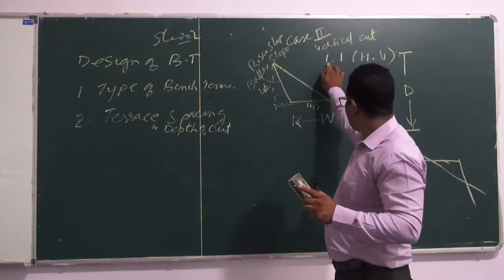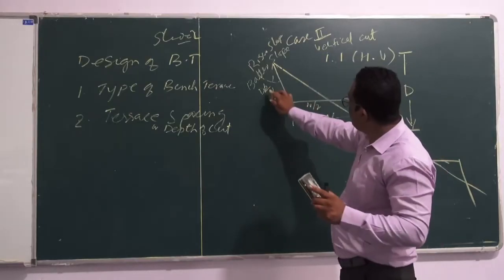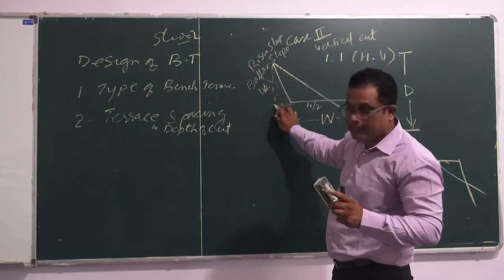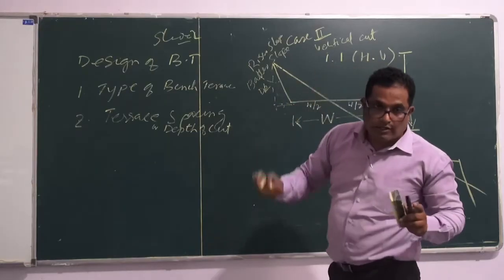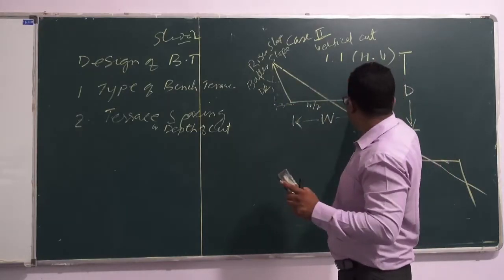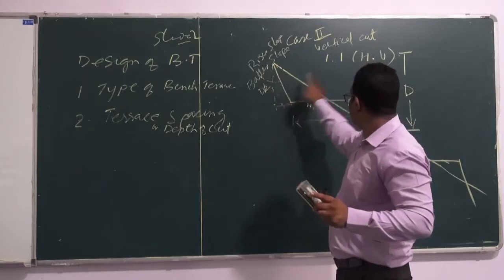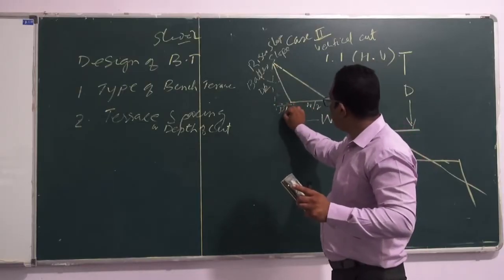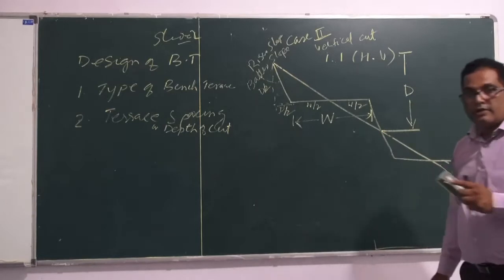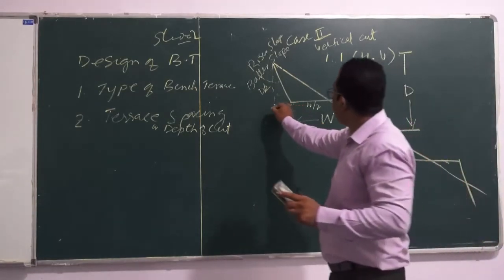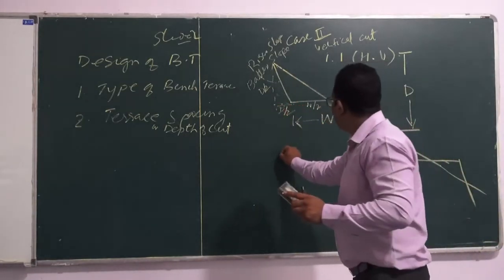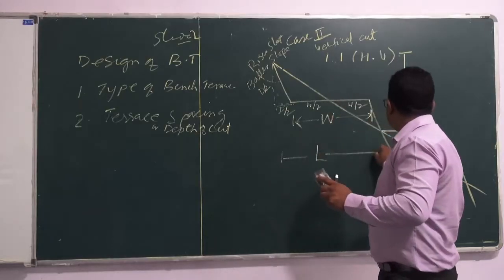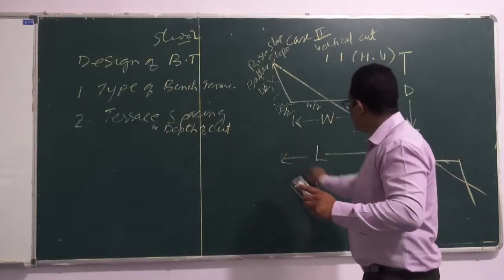Since we have a 1:1 slope, if the vertical is half, then the horizontal will also be D by 2. So this is your depth of cut, and this is your horizontal spacing between two bunds.